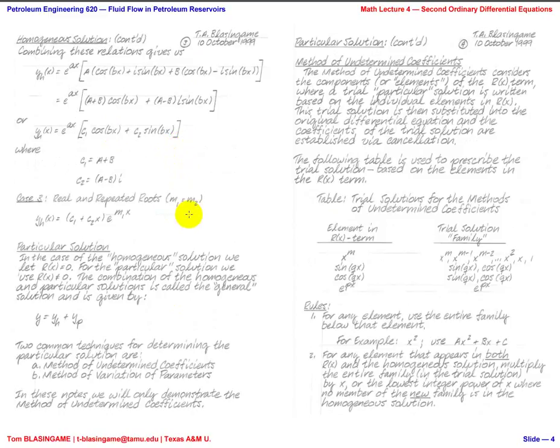And the third case is when the roots of the characteristic equation are equal. In such a case, we're going to have this expression, which is a term multiplied by the exponential function, and the second term multiplied by the exponential function and multiplied by x. Okay, so this is assuming that the differential equation is homogeneous.